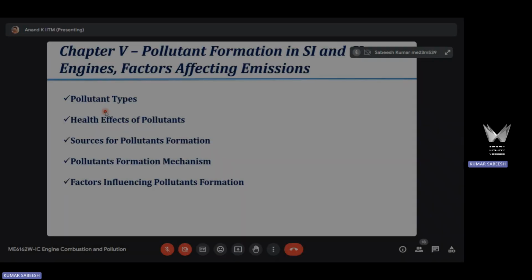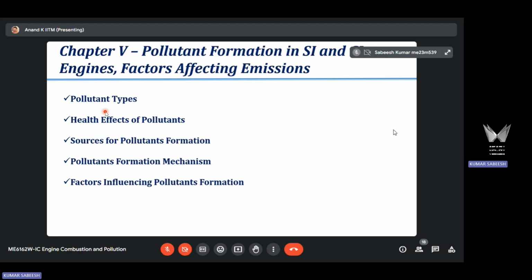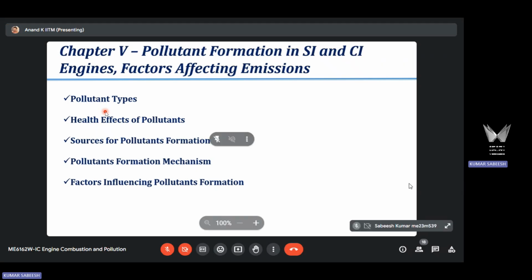We don't want the engine to emit various species into the ambience, because some of these species are designated as pollutants. They are designated as pollutants because they create several health effects for human beings. Some are immediate health effects and some are long-term effects. You don't know when the effect will pop up.